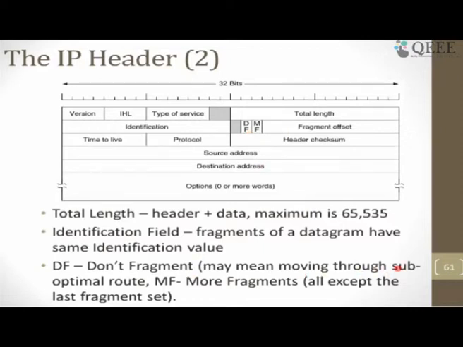And with that identification there are 2 flags, DF and MF. DF means don't fragment, meaning that this packet is not fragmented, this is one packet, and MF is more fragments.